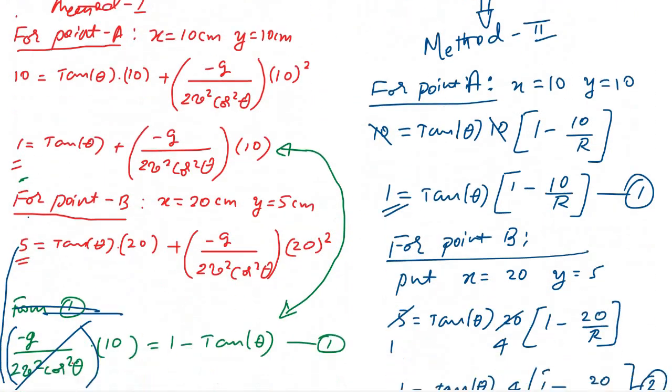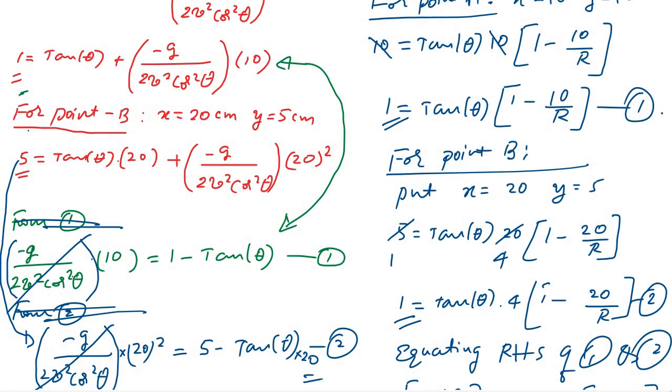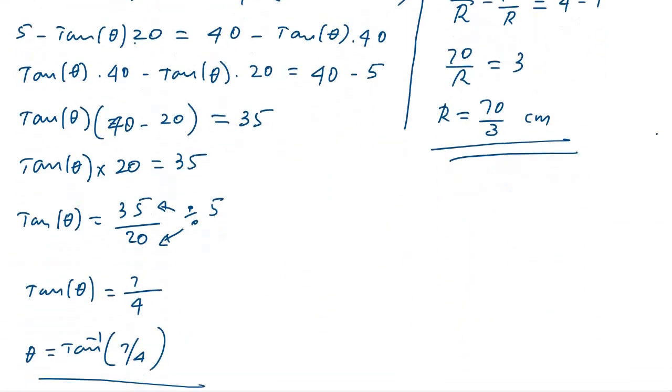So I'm using either of equations 1 and 2 in the second method. I'm using the first equation, that is 1 equals tan theta multiplied by 1 minus 10 divided by r, where the value of r is known.